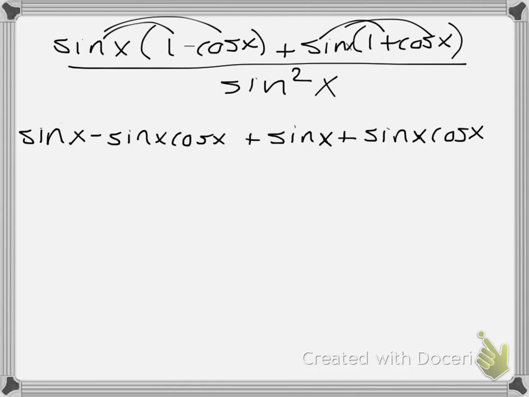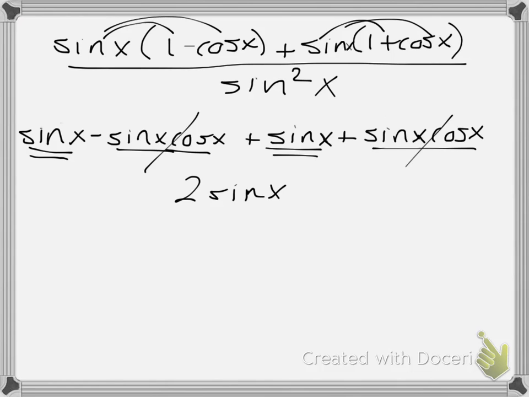What can I simplify? Well, negative sine of x cosine of x and positive sine cosine of x will add up to 0, so I can just get rid of them. Sine of x plus sine of x will give me 2 sine of x. Not sine squared of x, because I'm adding, over my sine squared of x.